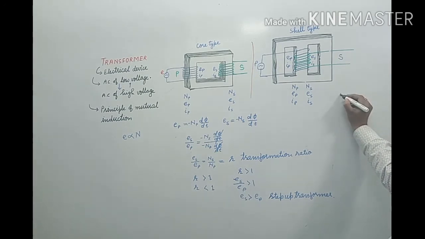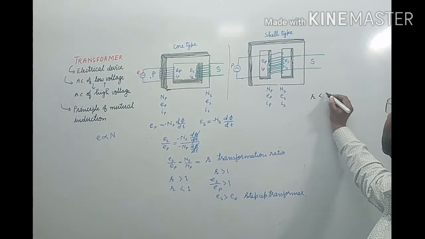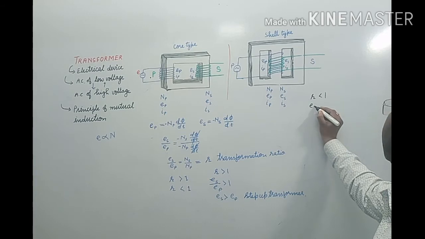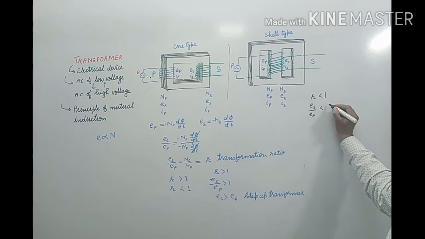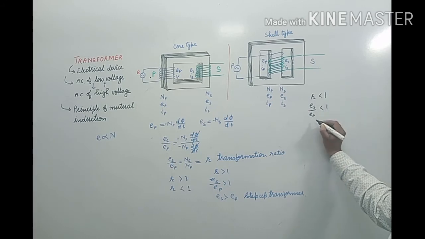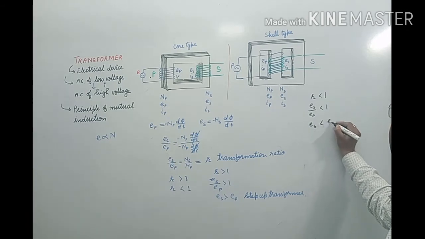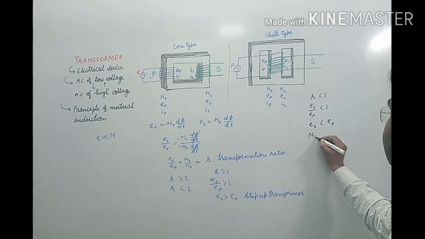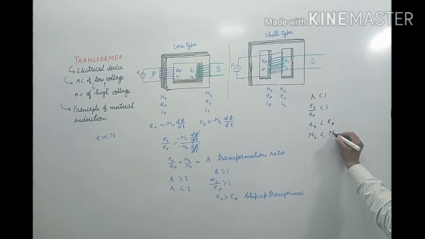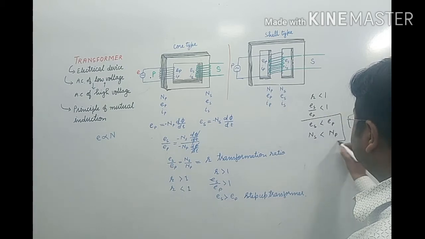Here, if R is less than 1, Es upon Ep is less than 1, meaning Es is less than Ep, and E is proportional to the number of turns. So the number of turns in the secondary coil is less than the number of turns in the primary coil.